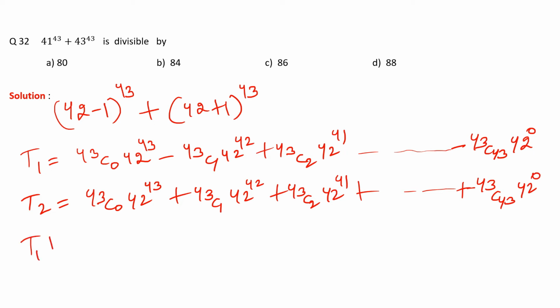Now when we add both of them, it's very much clear that the terms like 43C1 into 42 to the power 42, then 43C3 into 42 to the power 40, such kind of terms will get cancelled. That means the terms having the suffixes of the binomial coefficients as odd numbers.